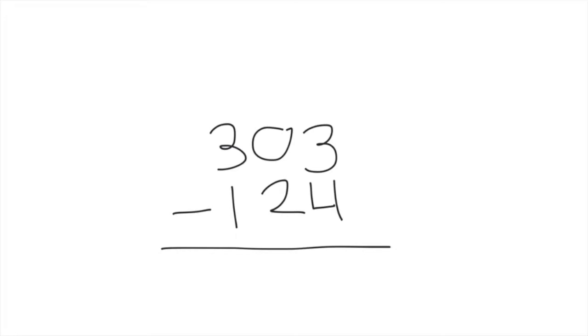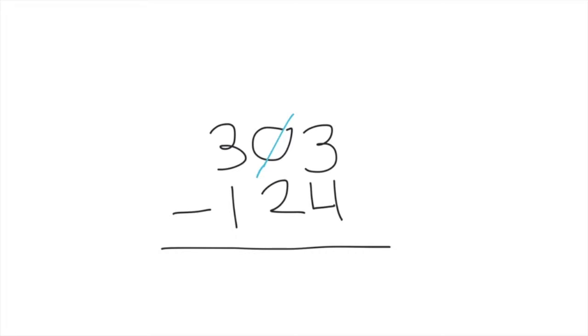Okay, so we know that we always start in the ones place, but look, if we have 3 items, we can't take away 4, so we run into a problem. In the lessons we learned earlier, we knew that we could just go over to the tens place, take 1 ten, bring it over here, and make it 13. But in this scenario, we go over to the tens place, and there is nothing there.